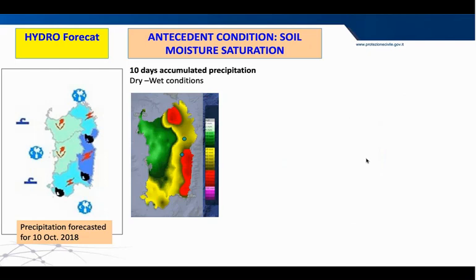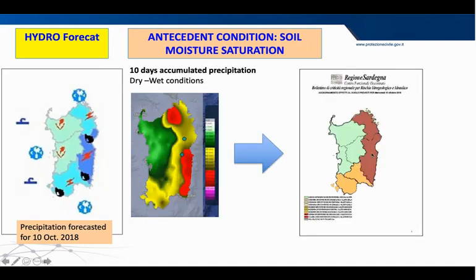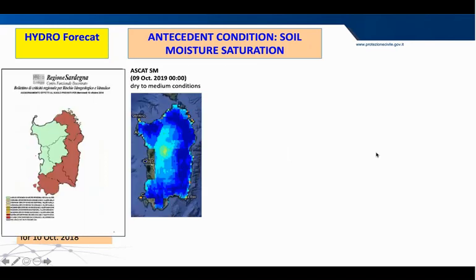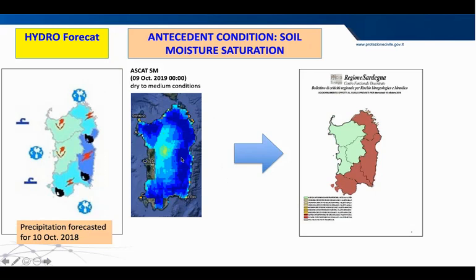If we use 10 days, we enlarge the area, not only the middle, but also the north part of the island. But if we also use ASCAT data, ASCAT product, sorry, we can see that the wet conditions are present also on the south part.